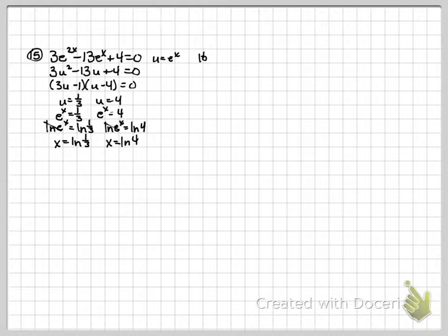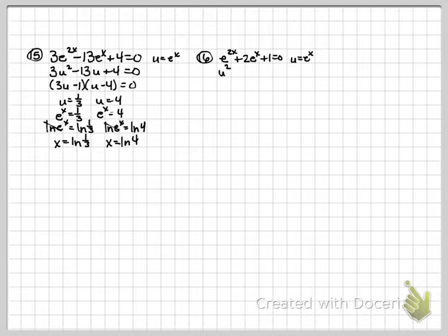Oh, that's a bad 16. Okay, 16 is e to the 2x plus 2e to the x plus 1 equals 0. Let's factor it again. Again, we're going to say u is equal to e to the x.